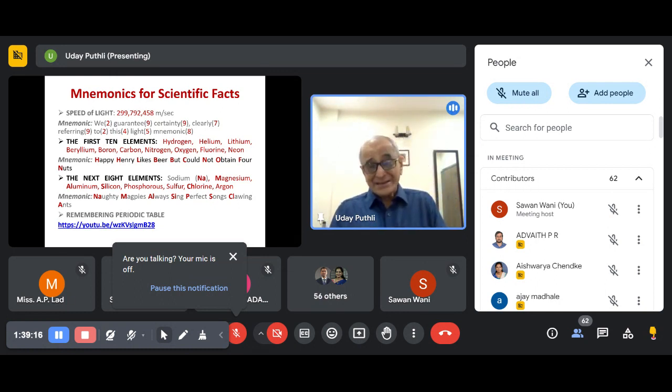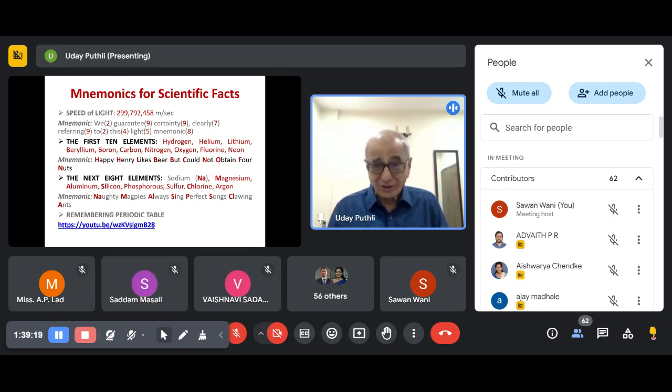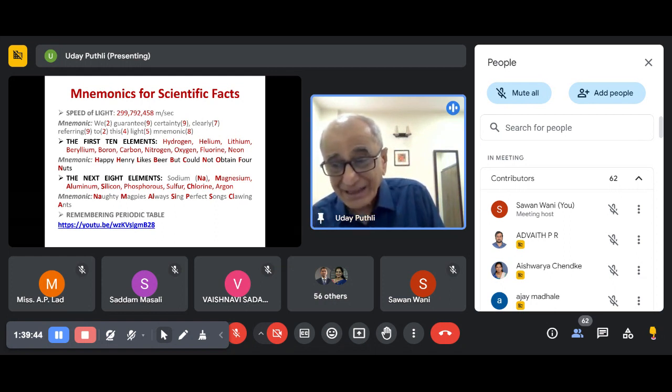Take the first 10 elements, actually there are 18 important elements, but the first 10, because you have to make two different sentences, are these. Happy Henry likes beer but could not obtain 4 nuts. Now, if you remember this sentence, you remember that it is hydrogen, helium, lithium, beryllium, boron, carbon, nitrogen, oxygen, fluorine, and neon.